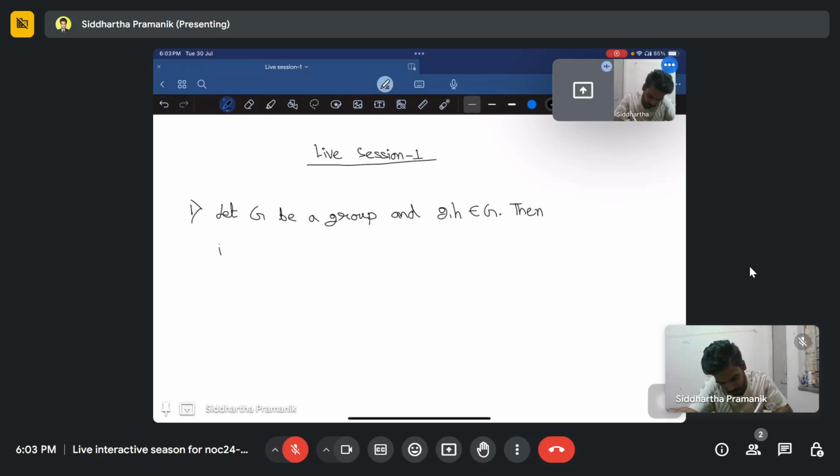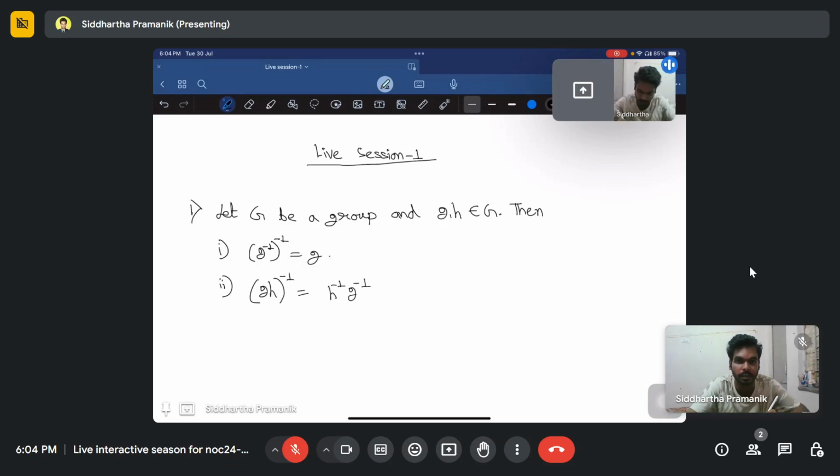First one is, if you take g inverse, then this is an element of G. Then again, if you take inverse of this, then this is nothing but g. And second one is, if you take the element gh and take inverse of this, then this is same as h inverse g inverse. So in this case the order is changing.